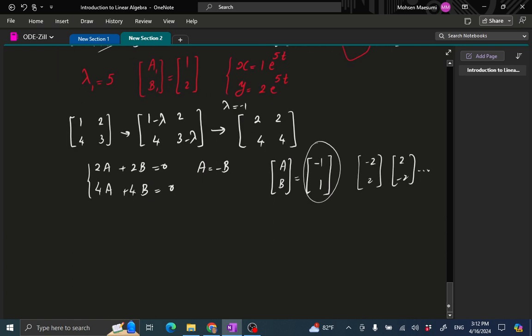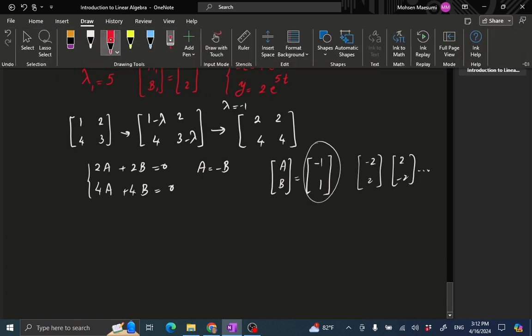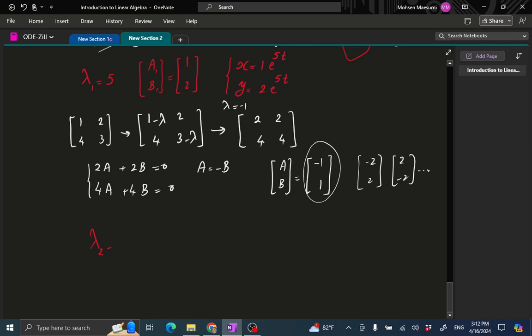So our second solution turned out to be the following. Lambda 2 became -1, and my eigenvector number 2 became -1 and 1. So that tells me x can be a, which is -1, times exponential of -1t.